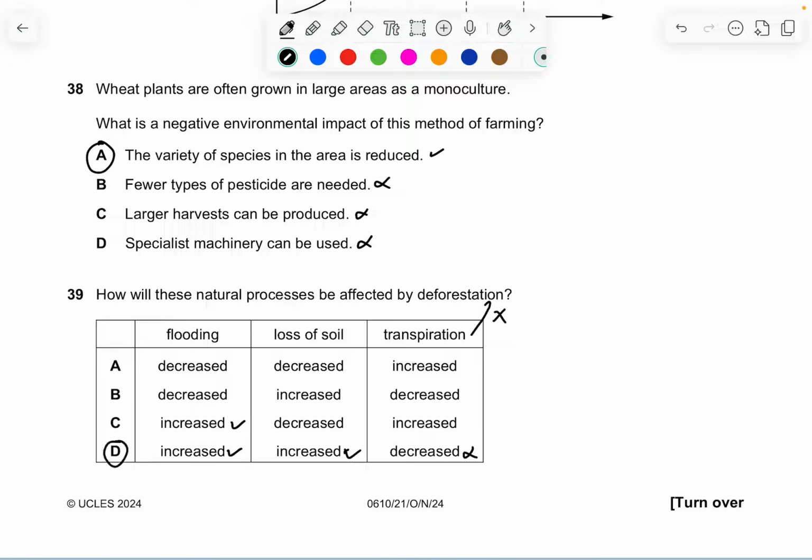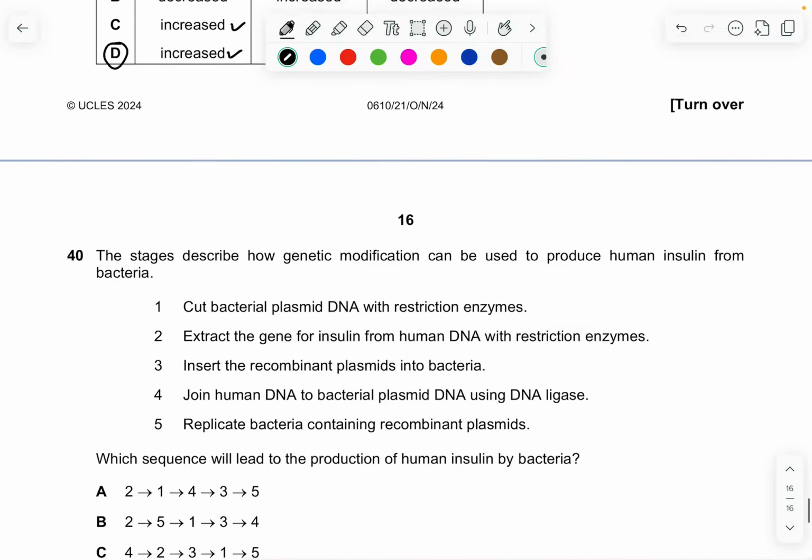So the answer is D. You may have to make a good guess here, because if there is too much loss of soil, by common sense there will be fewer plants growing. So when that increases, deforestation is what is affected by it.